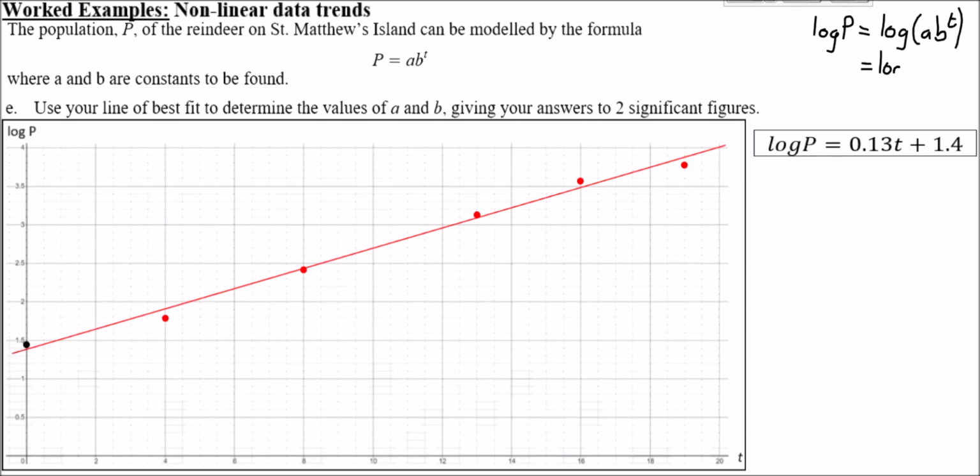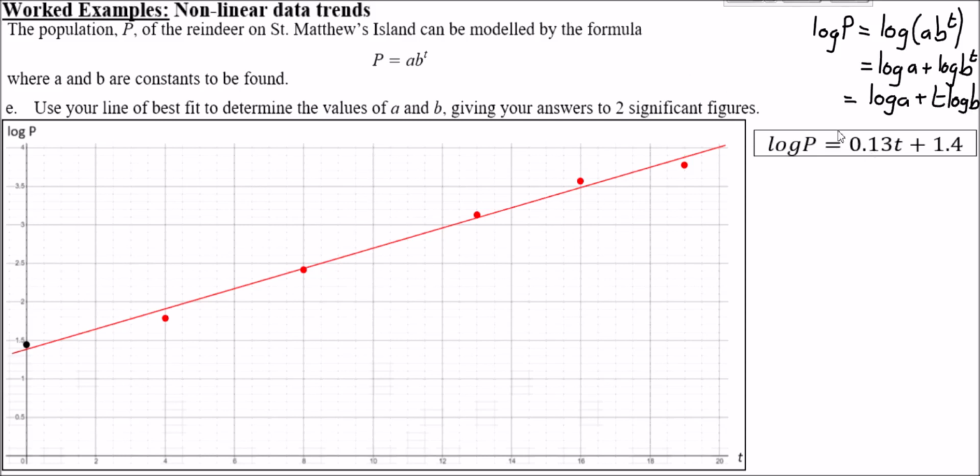So we'd have log A and the log of B to the T. And then that itself can be written as T multiplied by log b. So we have log a plus t log b.